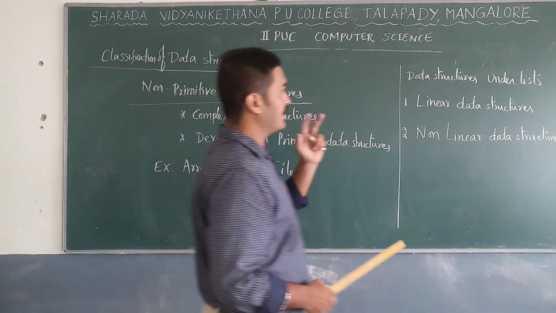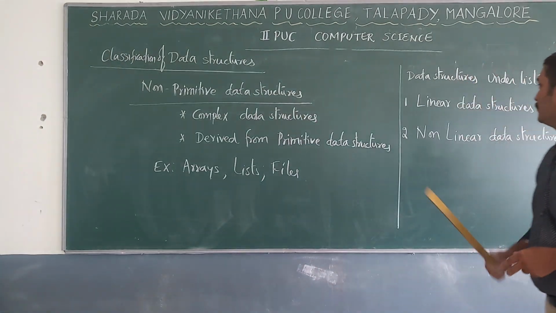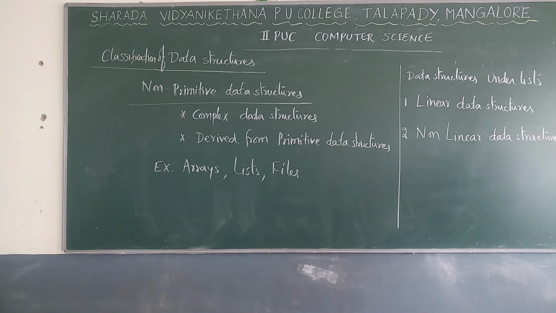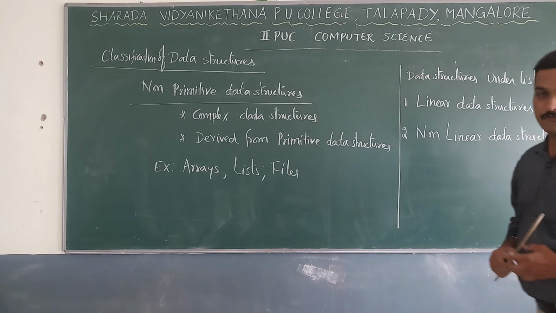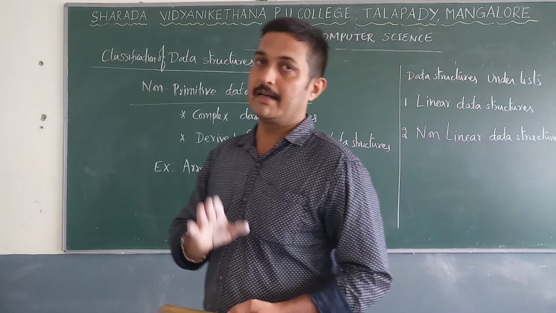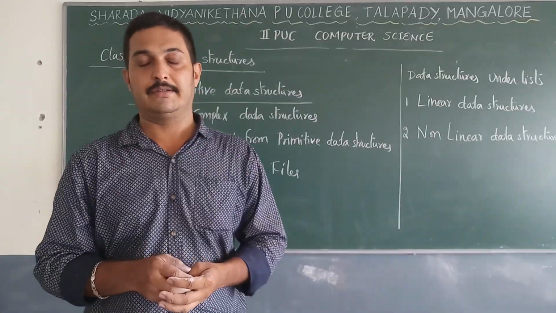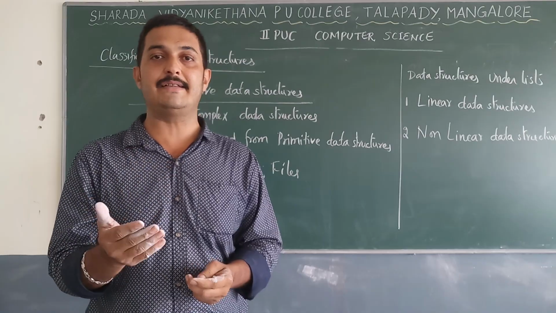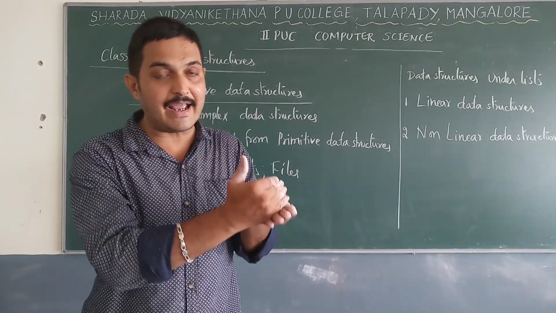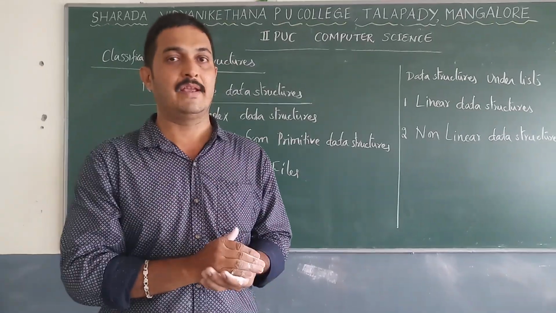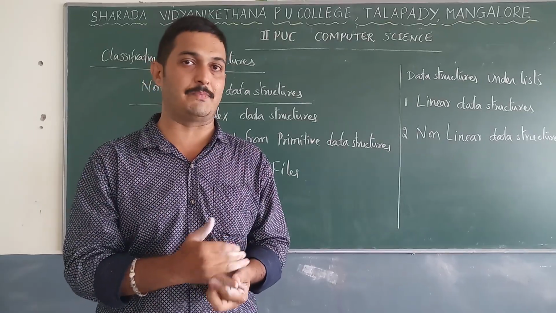Data structures under lists are of two types: linear data structures and non-linear data structures. The first one is linear data structures. In linear data structures, each element is connected to another, and in that way it establishes the relationship between elements.